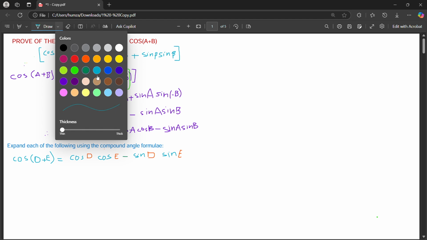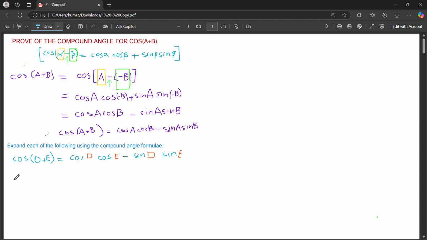Another example we can use for this is your cos(beta plus 30). Now again we will write cos and sin.